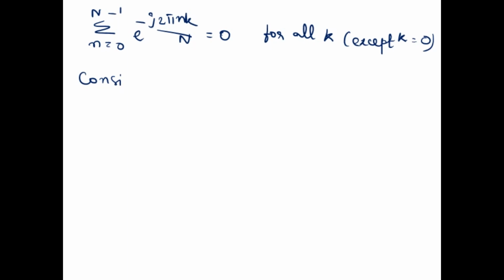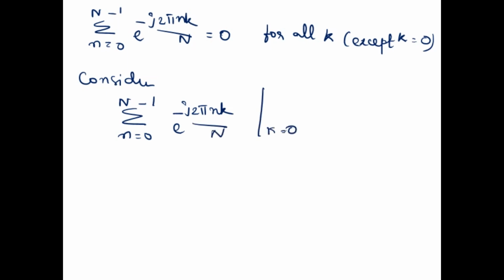Now consider summation n is equal to 0 to N minus 1 e power minus j 2 pi nk by N at k is equal to 0. When we put k is equal to 0, we get e power minus j 2 pi n into 0 by N. That means e power 0 is 1. So the summation becomes 0 to N minus 1 of 1.